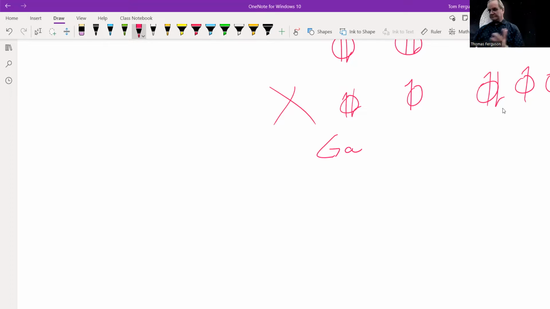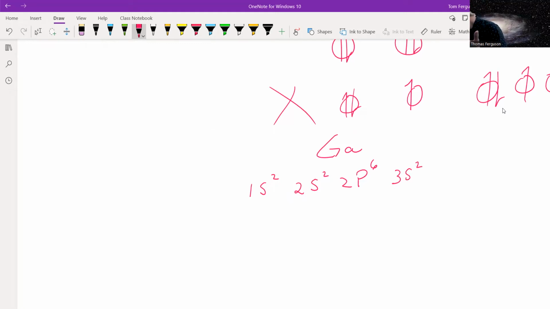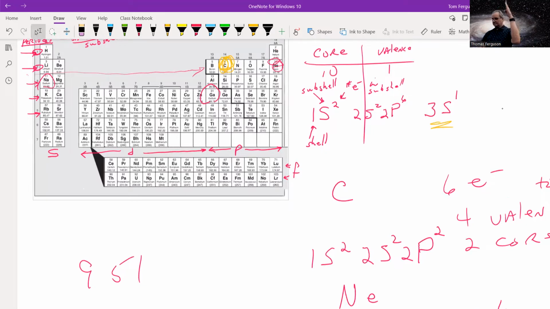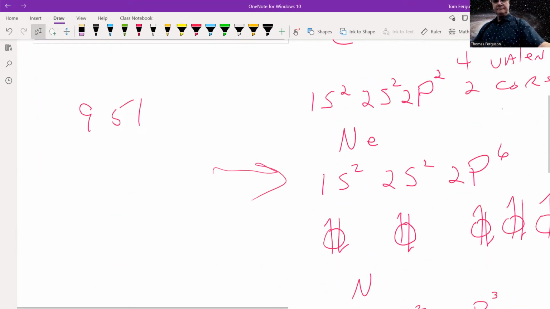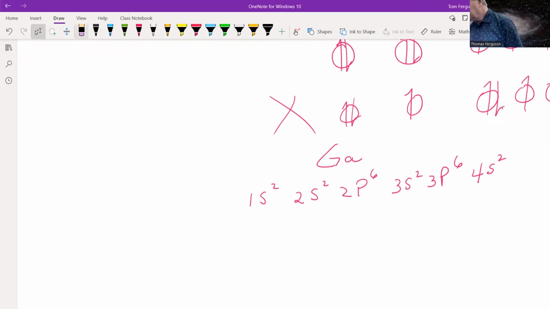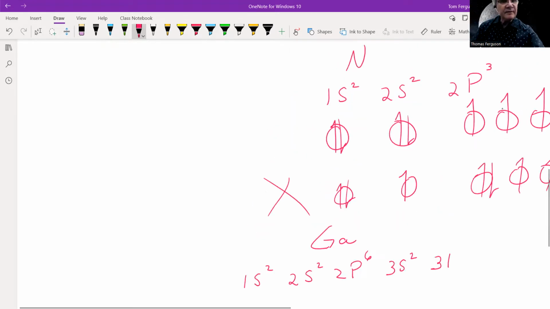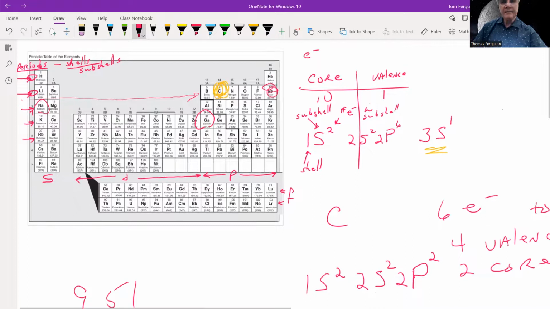I want you to notice a pattern here. We start with the 1s, and we go to the 2s, then we go to the 3s, then we go to the 4s, and gallium is in, oh, excuse me, let me back up. It is gallium, right? Yeah, okay.